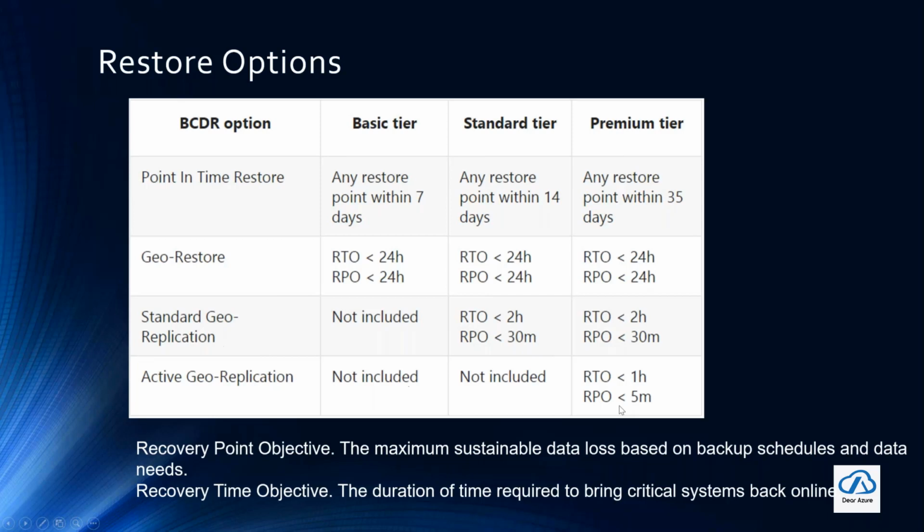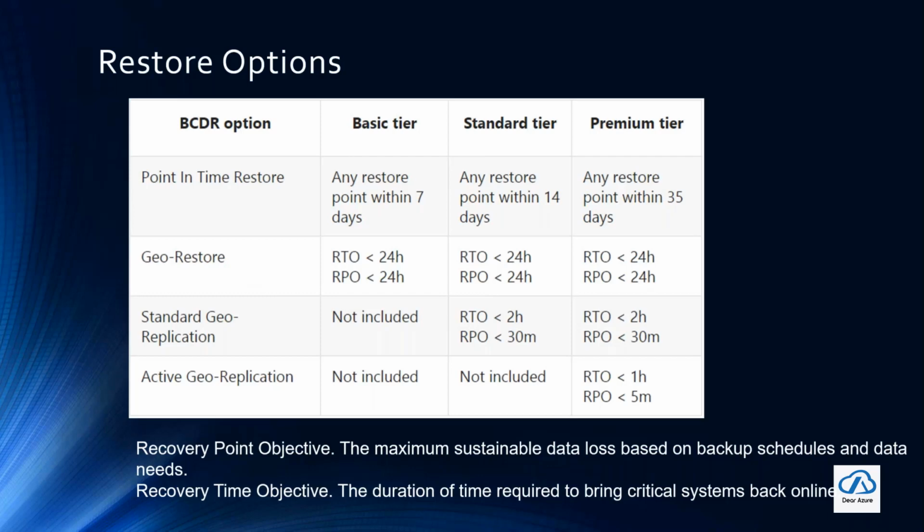With active geo replication, the recovery time objective is 1 hour and the recovery point objective is 5 minutes, so 5 minutes of data loss. We will discuss what this means and how this works in depth in the next few slides.